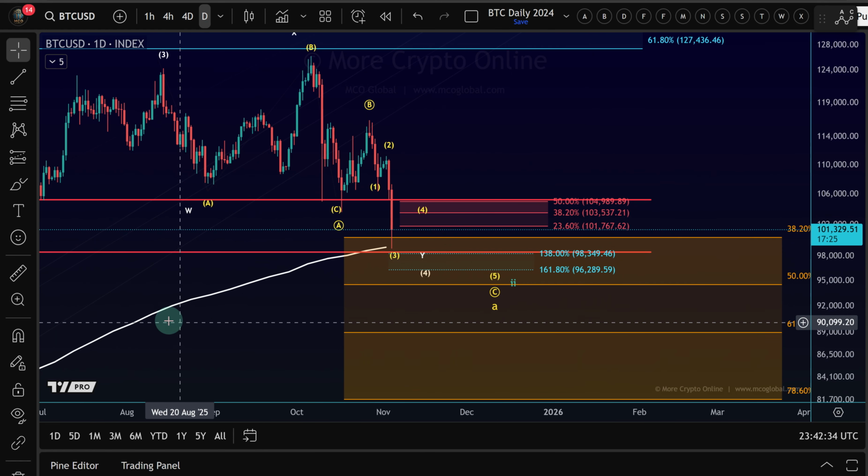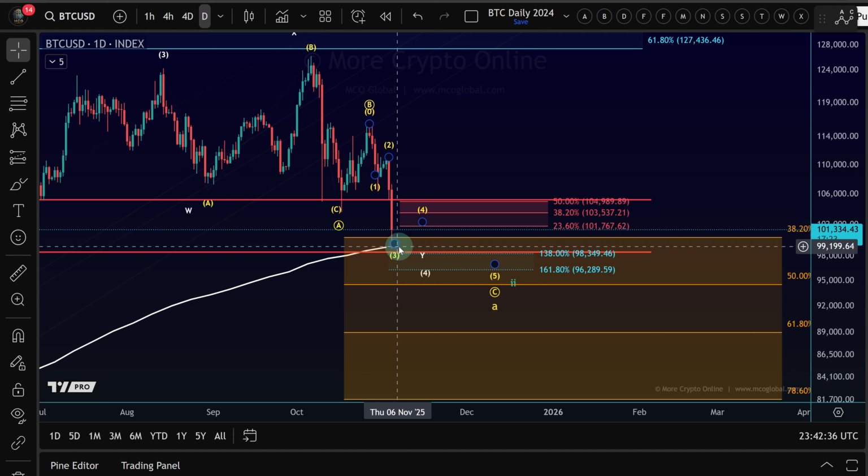I also shared with you that the 55-week exponential moving average is important. A lot of people are sharing the 50-day or 50-week, I think people are using the weekly one. But I'm using the 55-week EMA for various reasons that I talked about in previous updates, and the price bounced exactly from it.